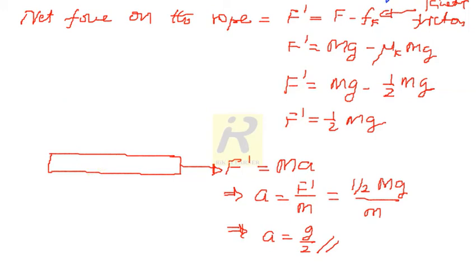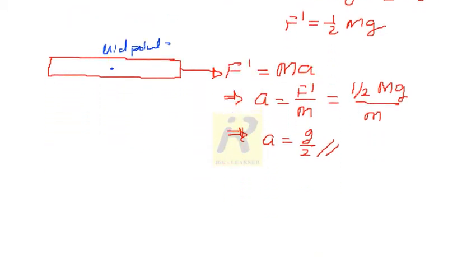Now there comes the question, the tension at the midpoint. This is the midpoint as we already marked. Now what I have to do is simply split this rope into two parts. One is this part, another one is this part. Like this, I call them two boxes connected with a massless rope, and here I can find the tension.